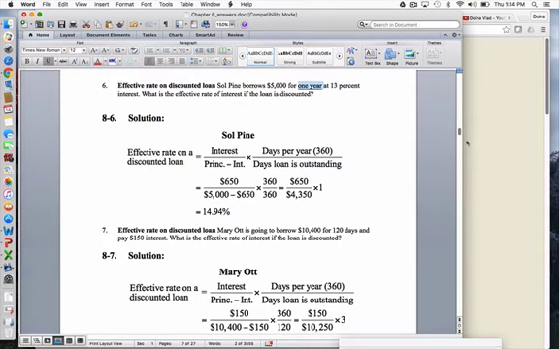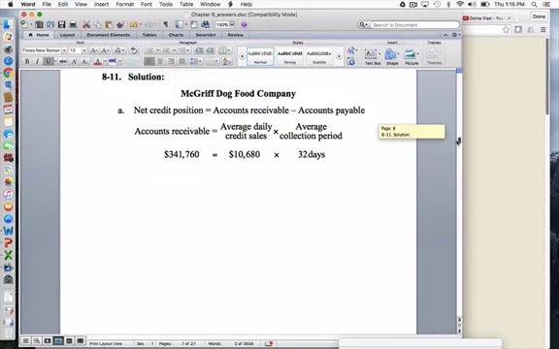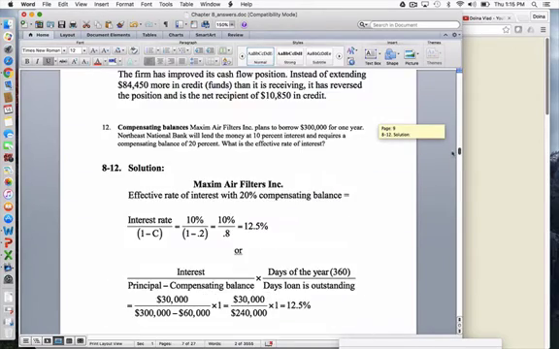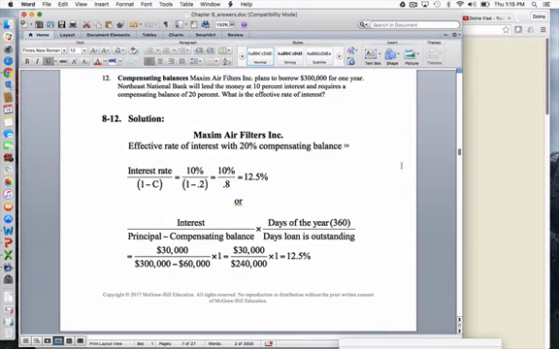And let's see, we did the discounting interest, and you're going to work on the few ones here that you have. Let's find ones on compensating balance. Compensating balance, remember, is the one when the bank requires you to have some amount of money set aside in a separate account.